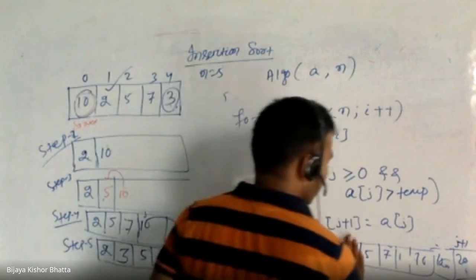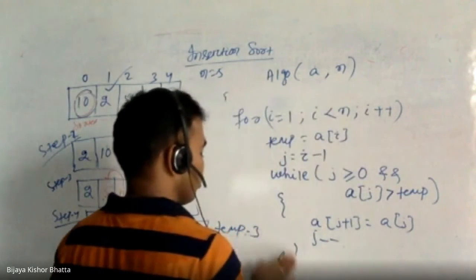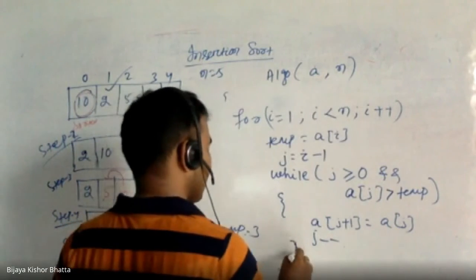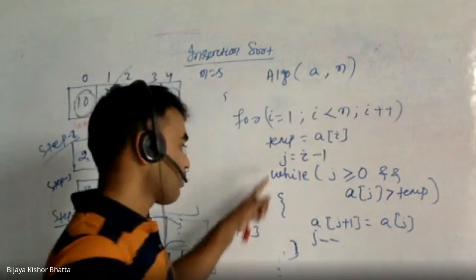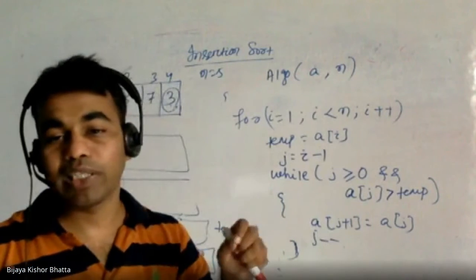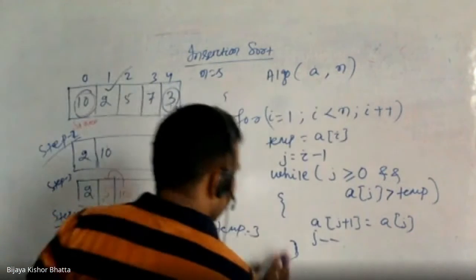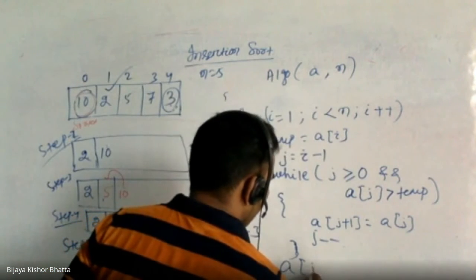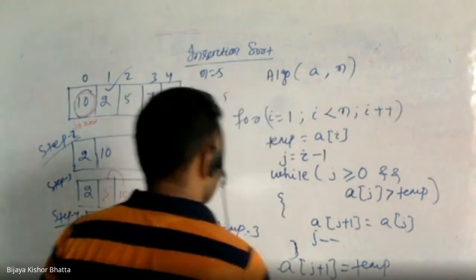Once you come out of this loop, j is pointing to the index where I can insert that element. So after the while loop, a of j plus 1 equals temp.